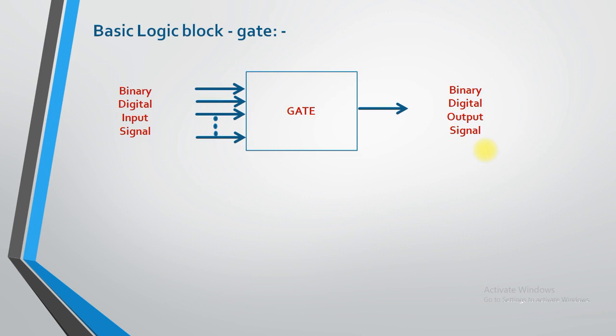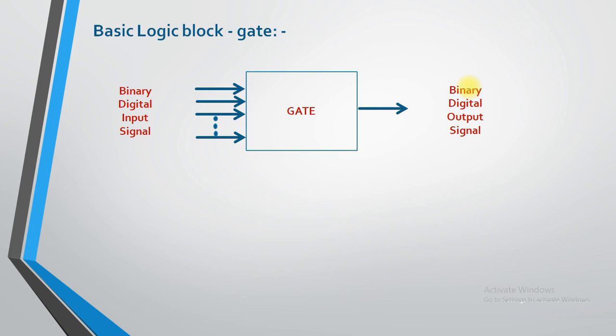Here is the basic logic block gate. You can see that we can input any number of binary digital input signals from the left hand side of the gate, but we have only one arrow over here for the representation of the binary digital output signal.